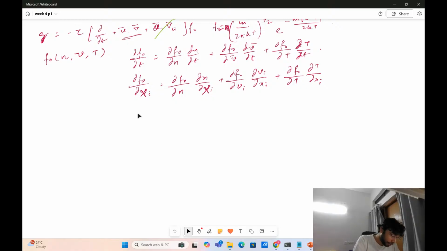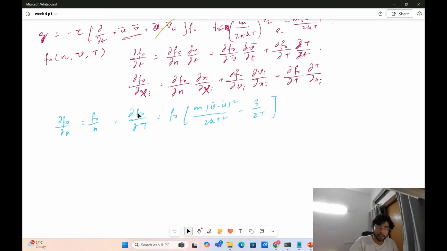Now, let me write down: del f naught by del n is given by f naught by n. Del f naught by del t will be given by m (v minus u) whole square divided by 2kT square, minus 3 by 2T. This comes just by taking the derivative of this f naught.